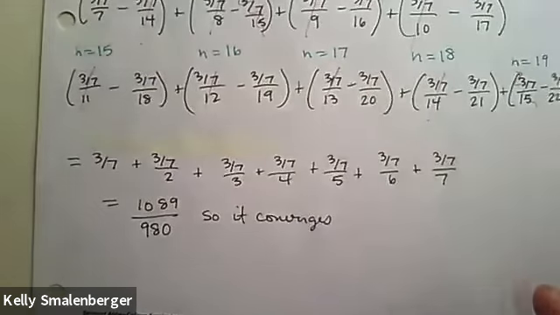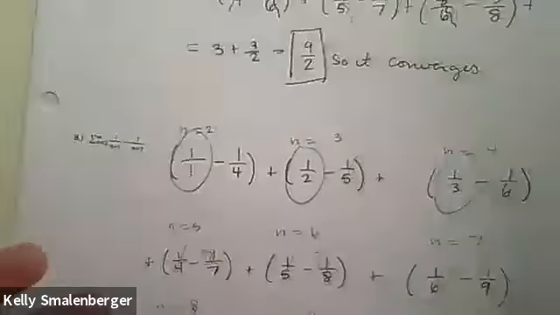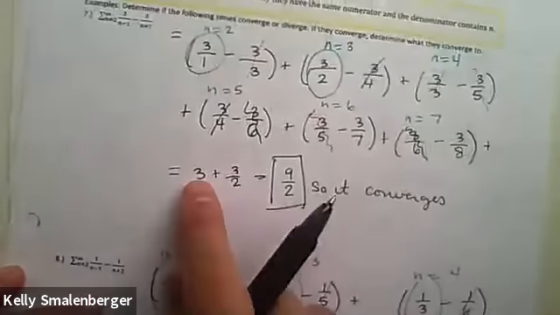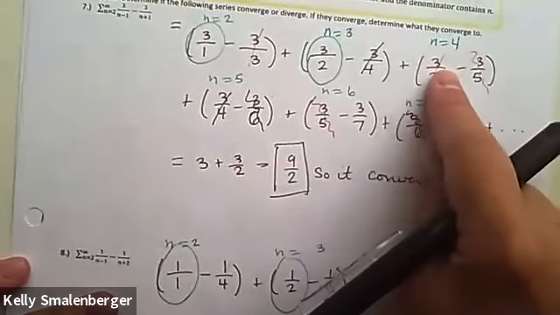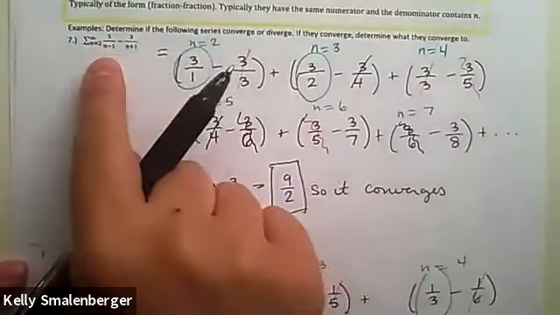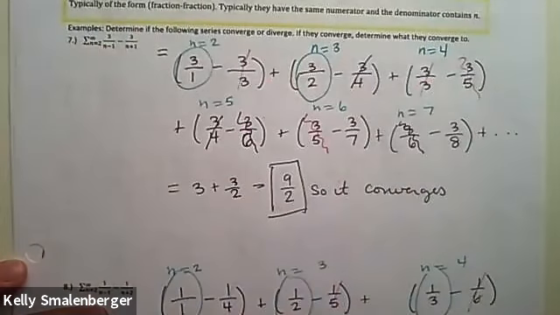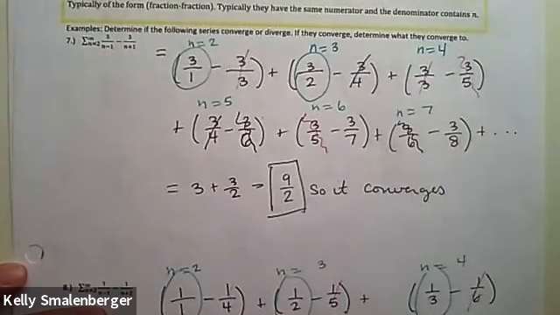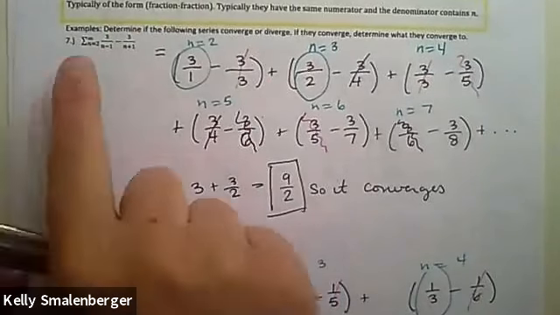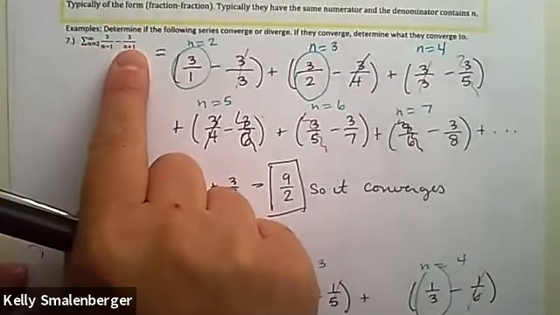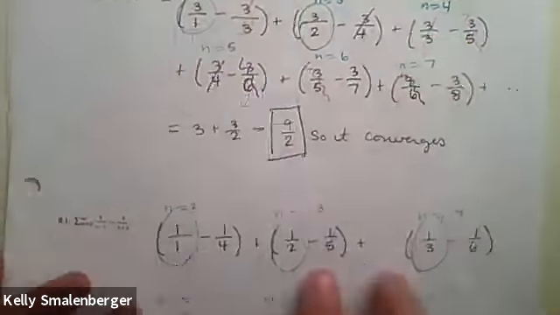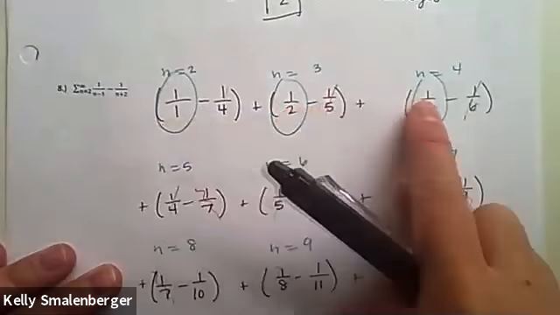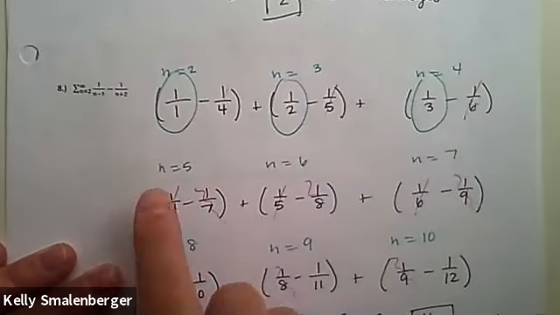So let's look at number 7. I ended up that the third term canceled, right? The third term I had to write out canceled. What's the difference between the denominators? The difference between the denominators is 2, right? And the third term canceled, okay? Here I had to write out 3, and then the fourth term canceled.